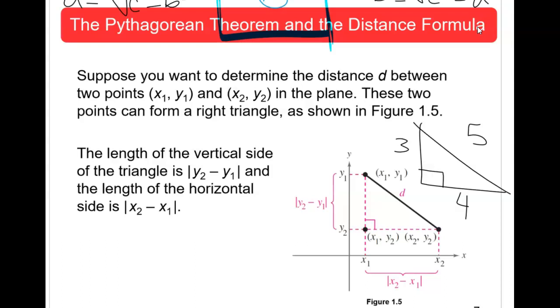With the distance formula, the difference between the Pythagorean theorem and the distance formula is that with the Pythagorean theorem, you already have the dimensions, two sides, and the big question is to find the value of c.